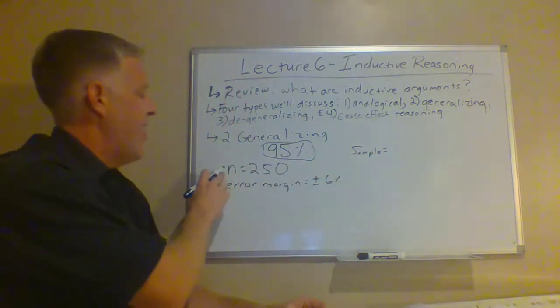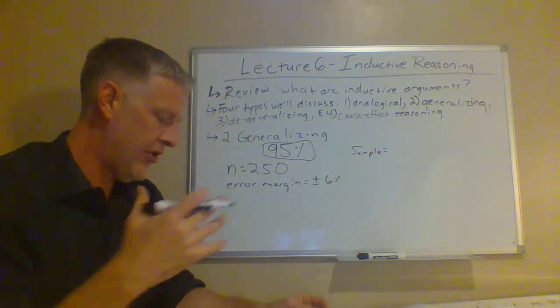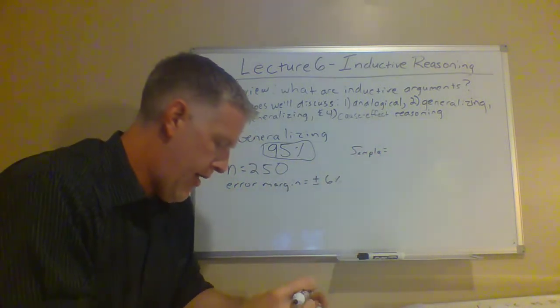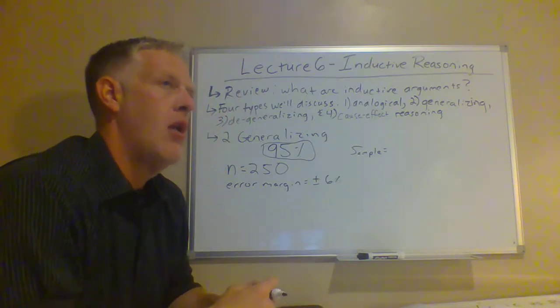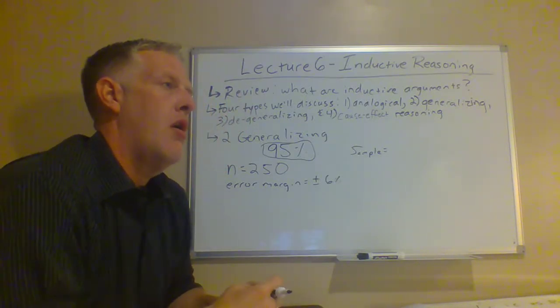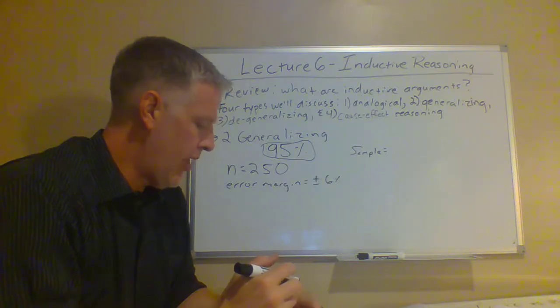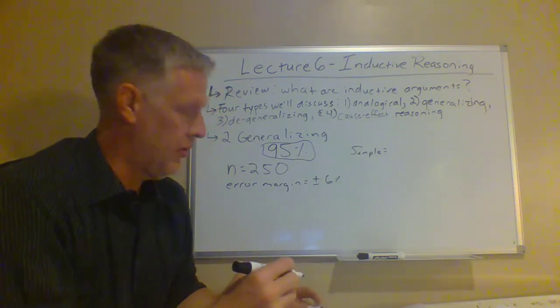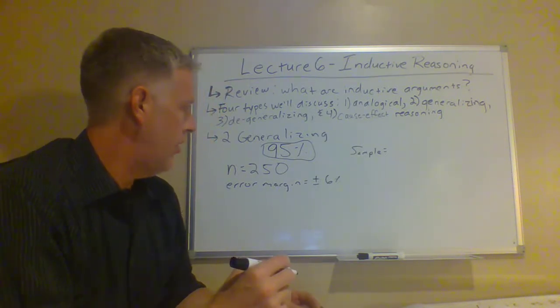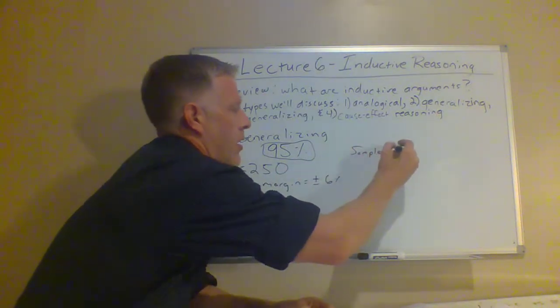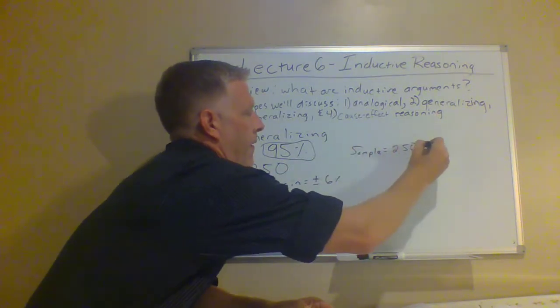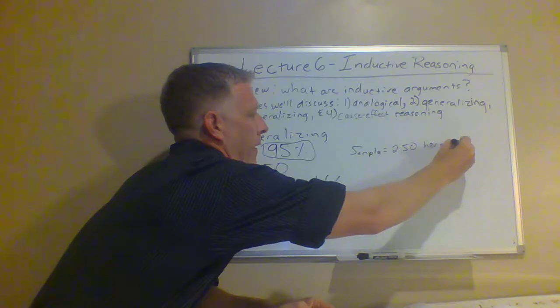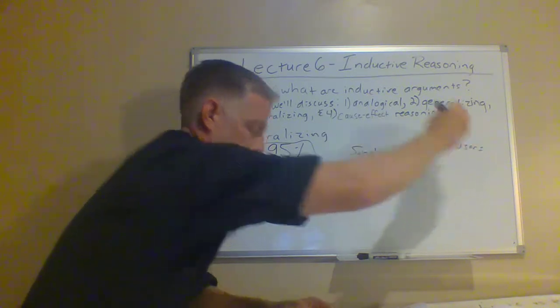So we had a sample of 250, and we're interested in the gateway drug theory. Let's say we analyzed heroin users, and we took a sample of 250 heroin users.